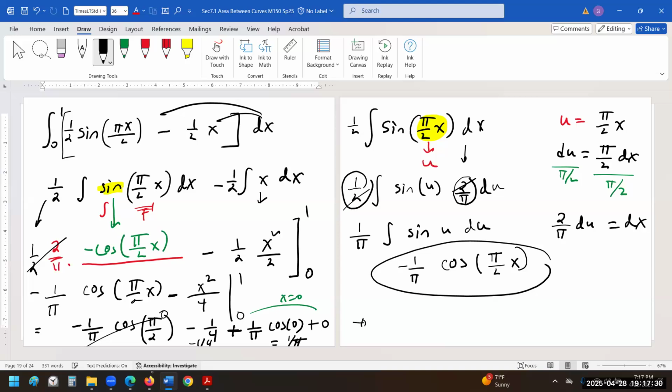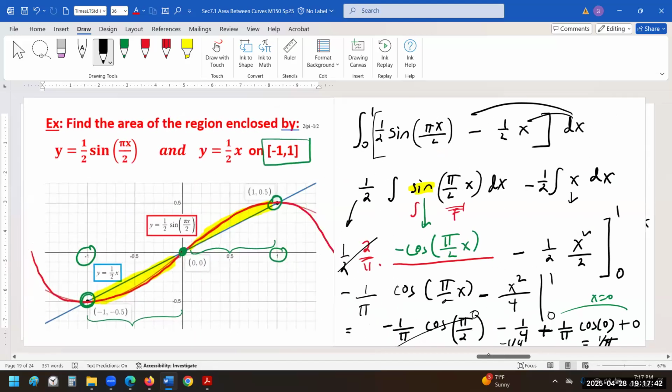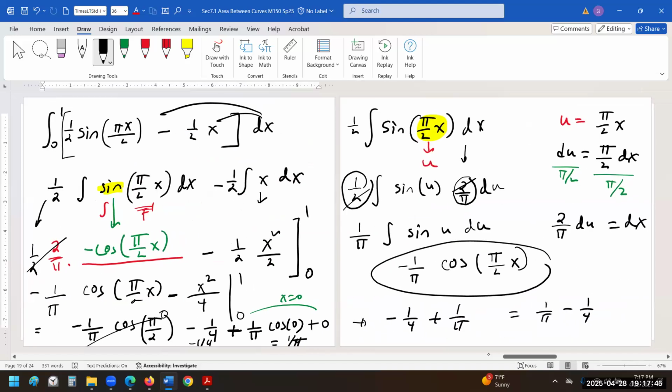So basically we have negative 1/4, positive 1 over pi. So 1 over pi minus 1/4. This is right, but this is only one portion of the 2 portions we have. So at the end, to get the entire area, we need to multiply this by 2. As a result, we have 2 over pi minus 2/4. That becomes 1/2.